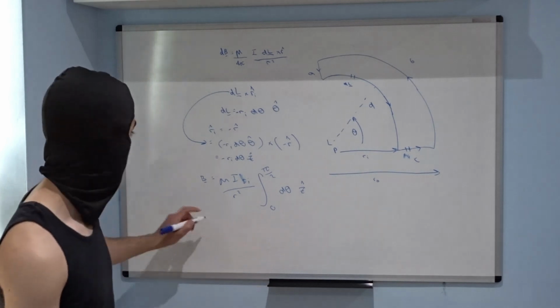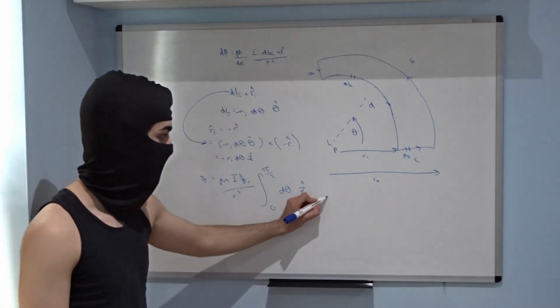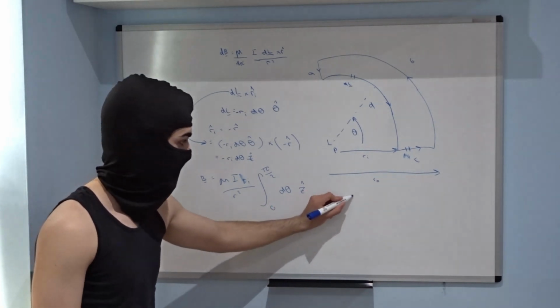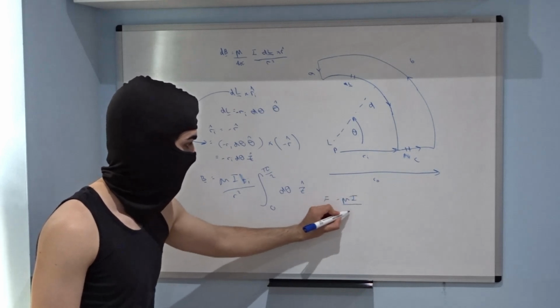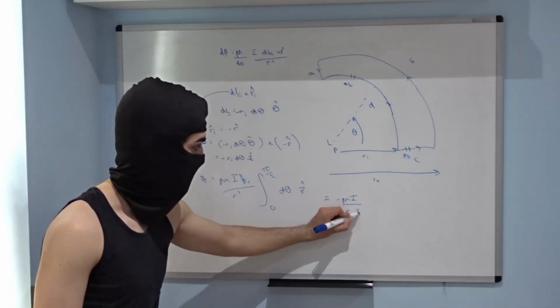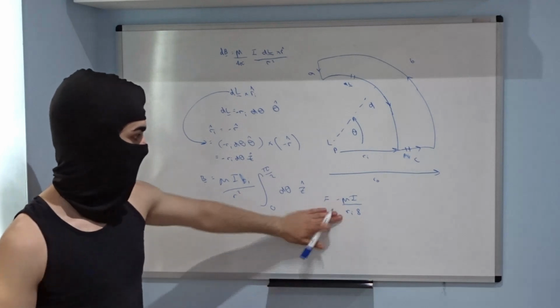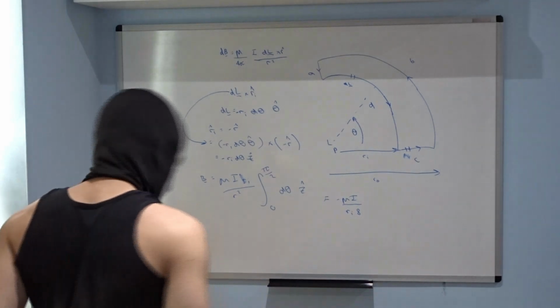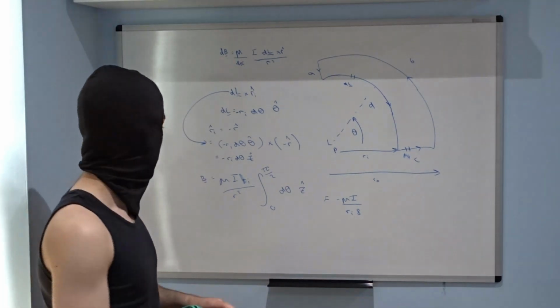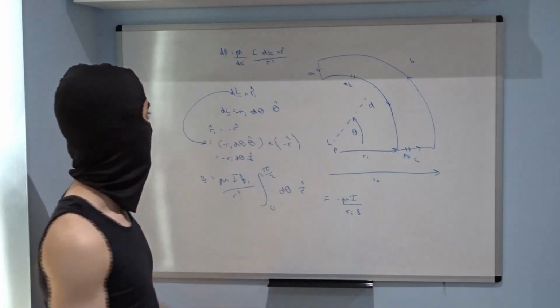This is quite simple. Without showing too much working, we can just calculate that: μ0 I over 8 Ri. That's what we get for the magnitude of field strength at D. Let's try for B now.